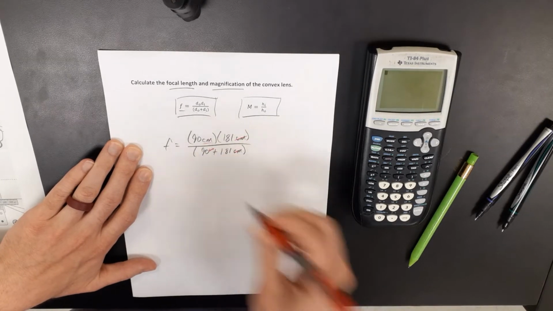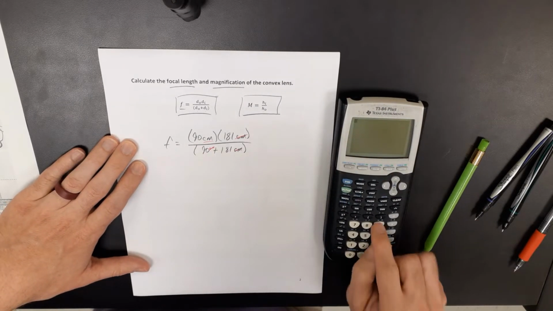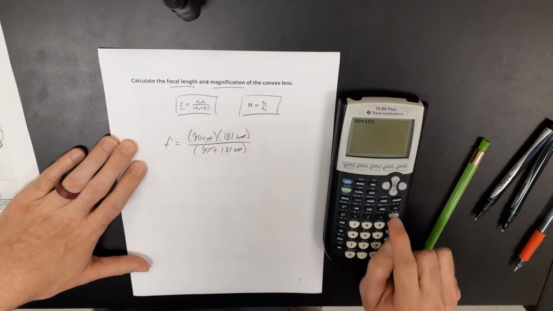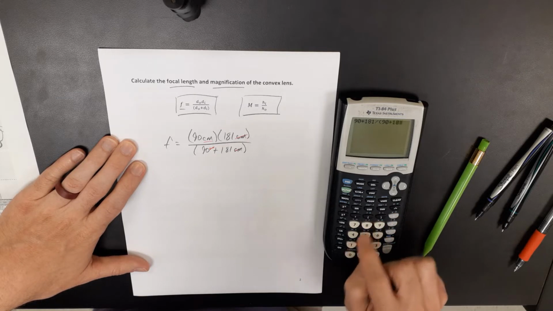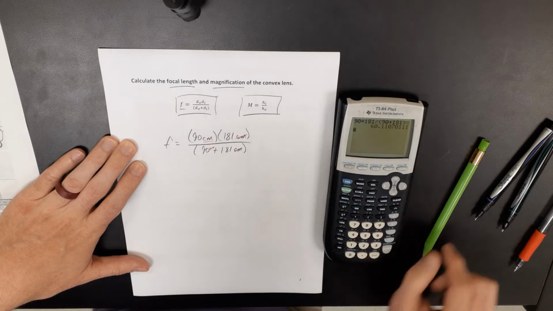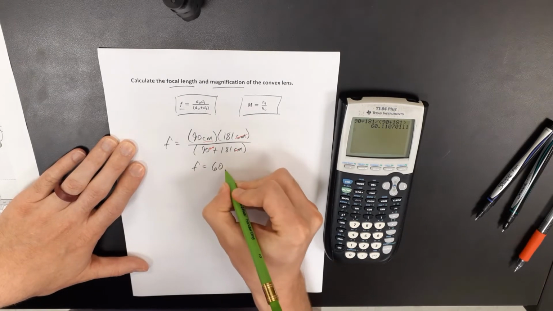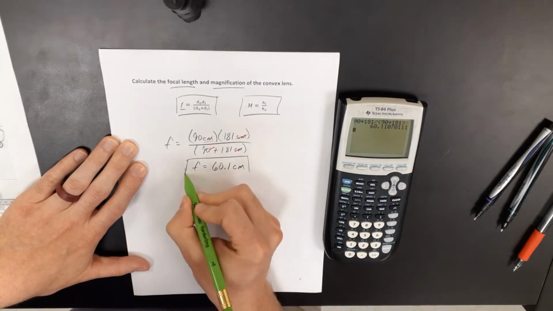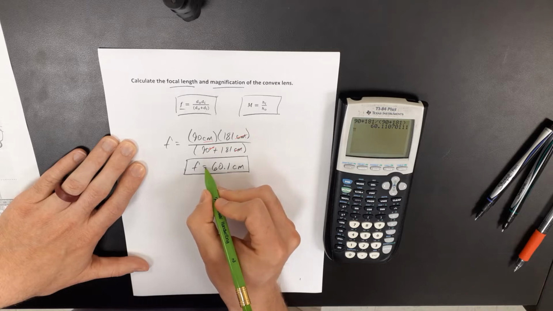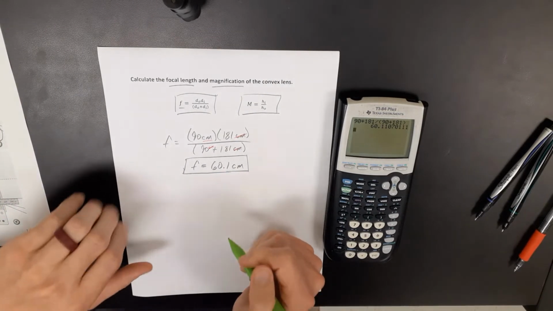We're going to have centimeters left over for our unit here. So I'm going to do 90 times 181, divided by, make sure I use parentheses, 90 plus 181. And I get a focal length here of 60.1 centimeters. Positive focal length because that was a converging lens.